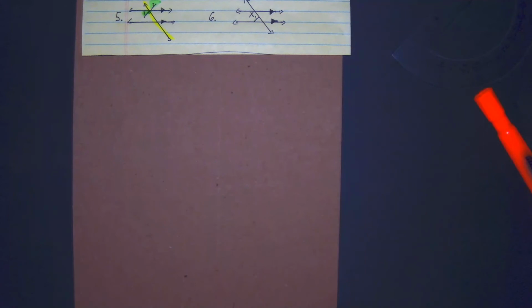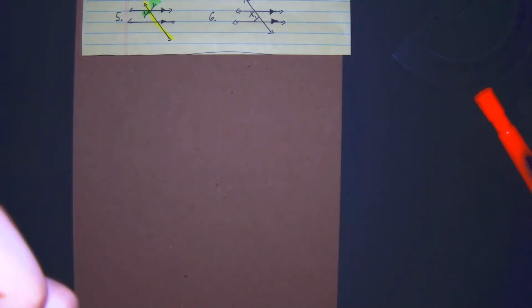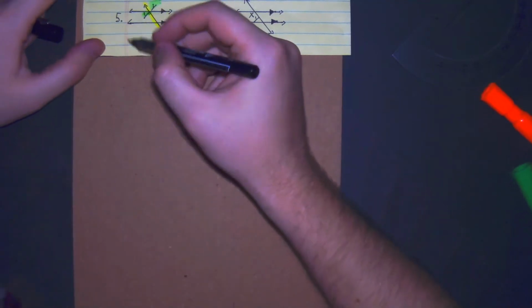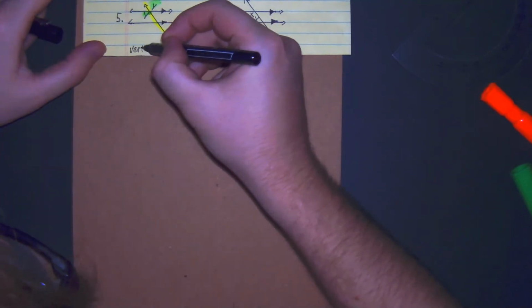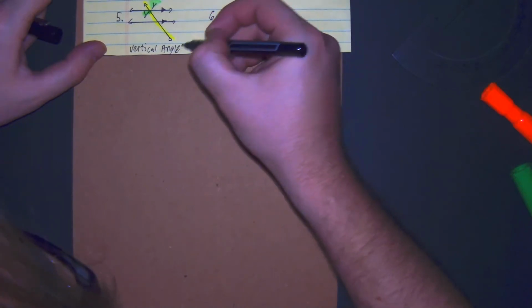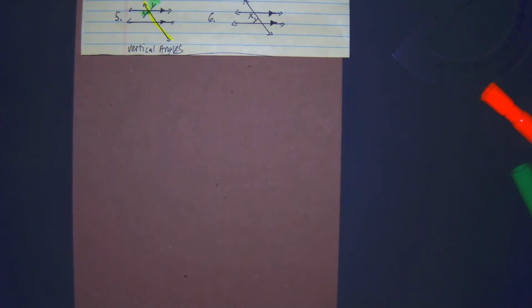Due to these angles being congruent, there's no relationship needed for the parallel lines. What this is called is vertical angles. Just like linear pair, vertical angles don't need parallel lines.